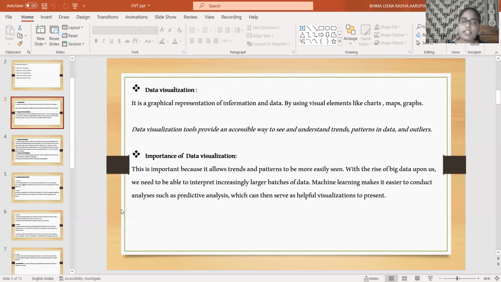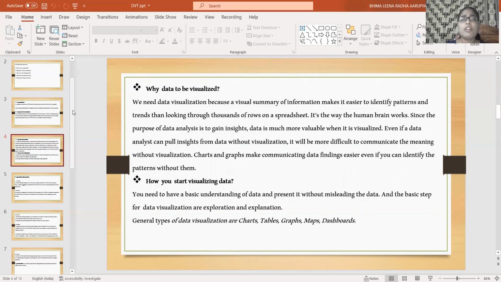Why is data visualization important? Because it allows trends and patterns to be seen easily. With the help of big data, such as a large bulk of data, and with the help of machine learning, it will make it easier to conduct analysis such as predictive analysis, which helps the user to visualize easily.